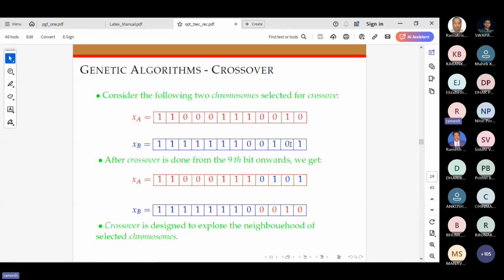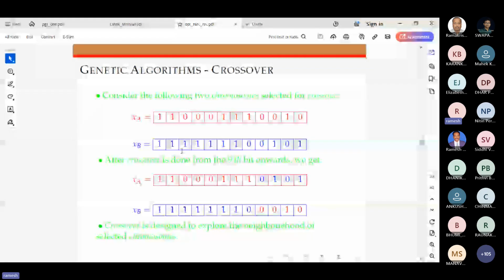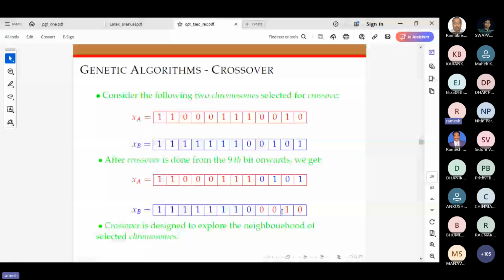After the crossover operation, this red chromosome will remain the same till this, and the last 4 bits will be taken by these 4 bits. So you can see the new chromosome is this. Similarly, the blue chromosome will remain blue till this, and the last 4 will be taken from the other. So I hope you understood.